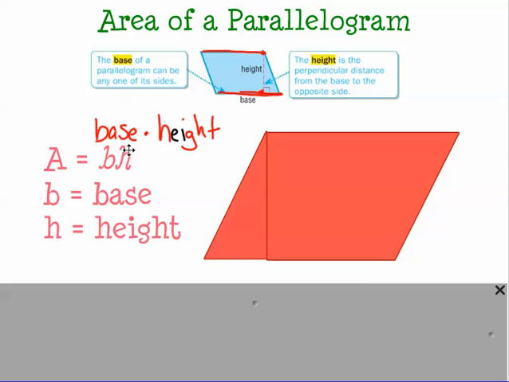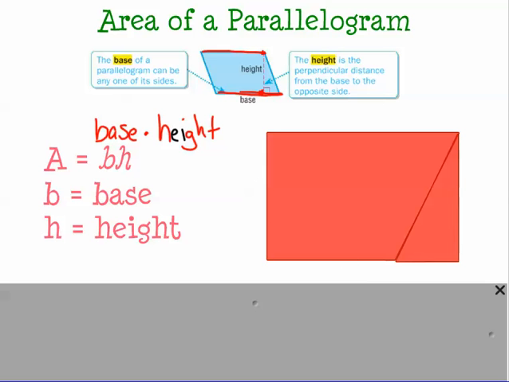But the reason why our formula still works is if I were to move this over, doesn't that just become a rectangle? Oh, I hear the oohs and ahs. Okay. So that's why base times height still works, or if we were looking at the rectangle, length times width.